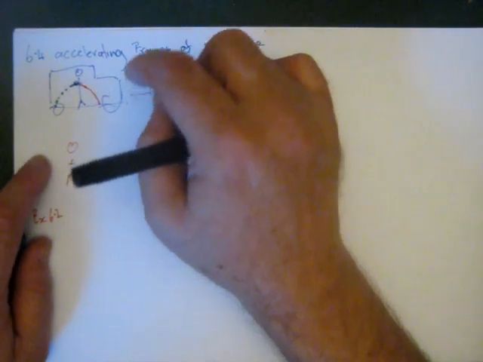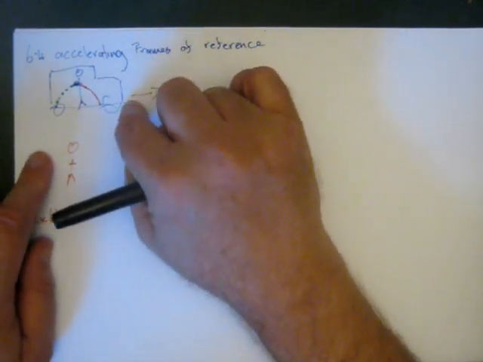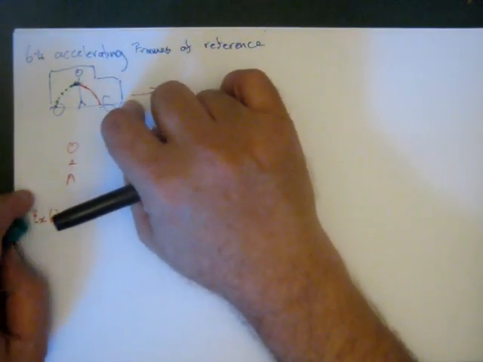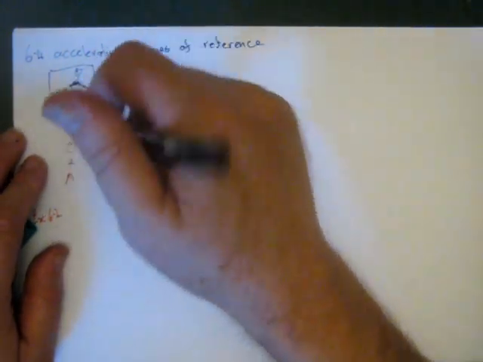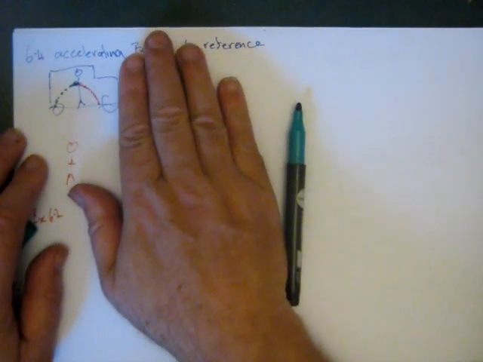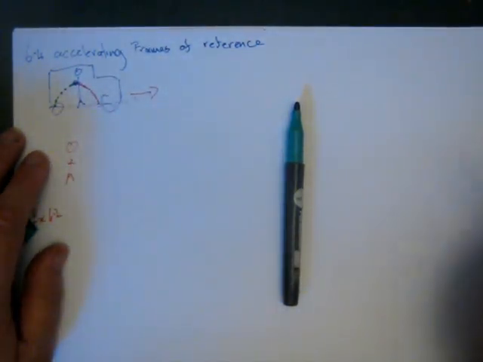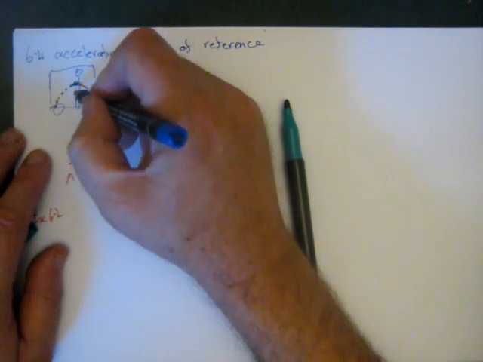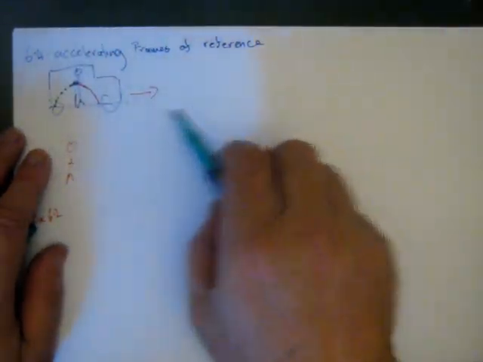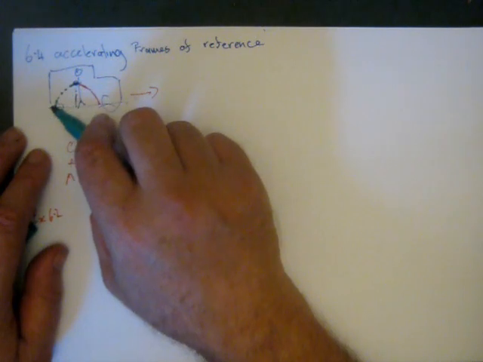And why is that? That's because this frame of reference is accelerating. This is non-inertial. So to the person inside here, if this was a constant speed, they dropped the ball, they just see the ball do this. If the van was not accelerating, this person would see the ball do this. But because the van is accelerating, they see it do that.